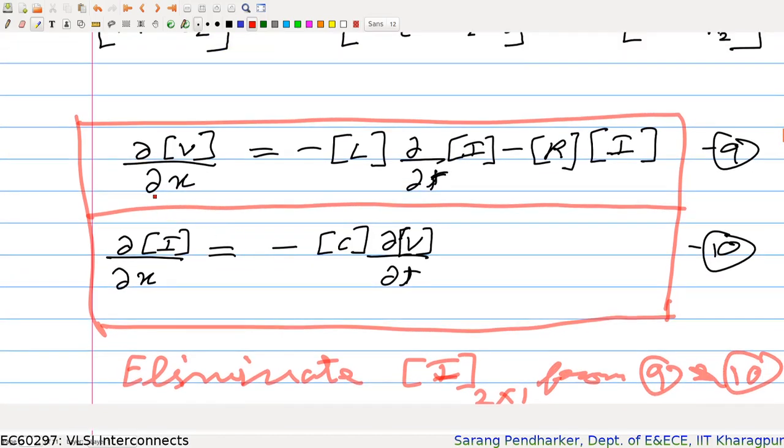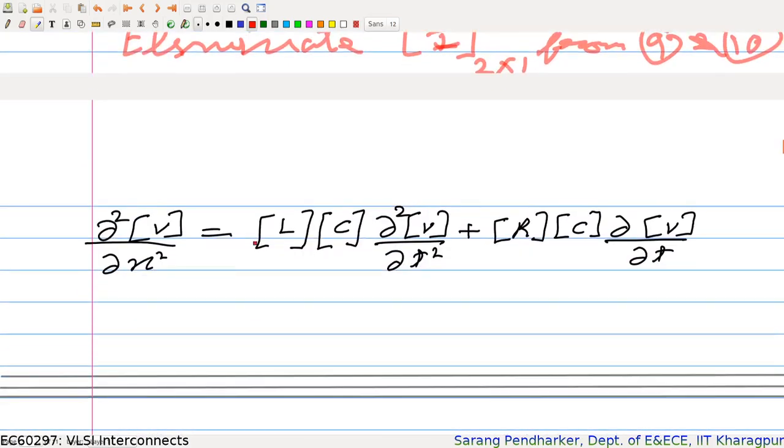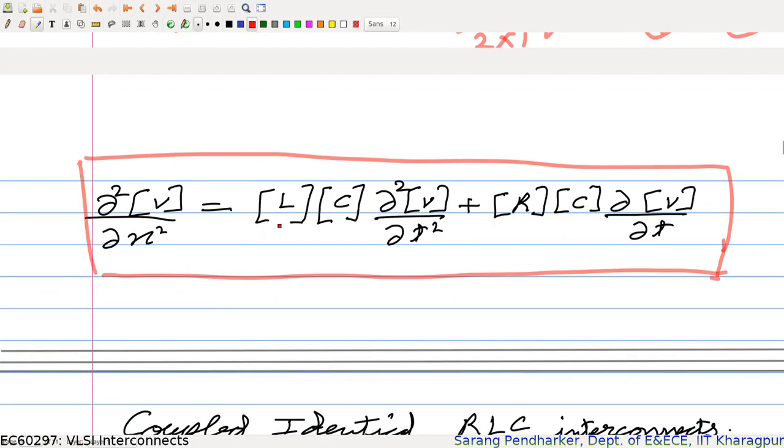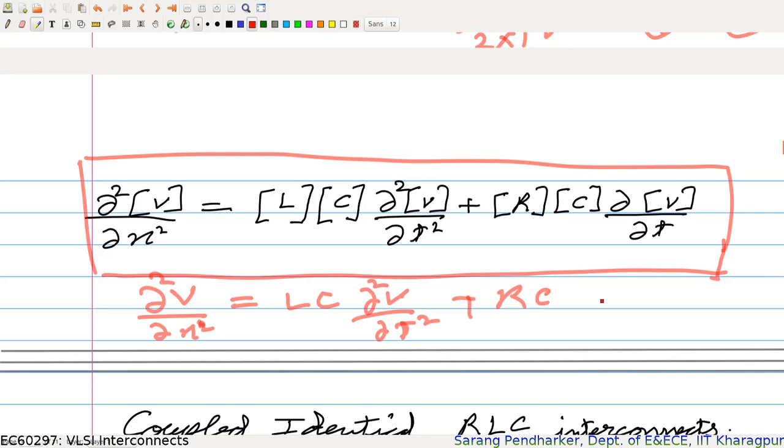So you double differentiate with respect to x, and substitute it here, and finally you will get a very nice and familiar looking equation. So this is your LC, L into C, and RC. If you want to compare it with your RLC interconnect equation, you had this as LC del 2V by del T square plus RC.